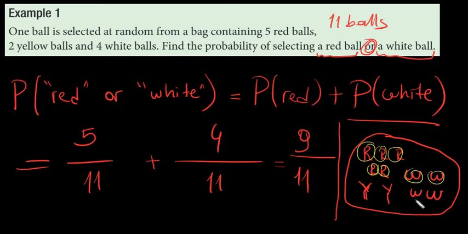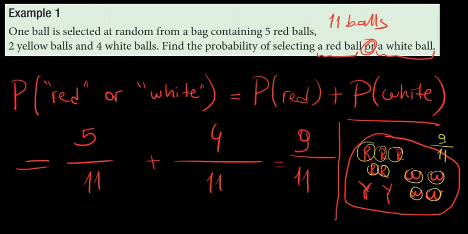What is my desired outcome? You can just count 1, 2, 3, 4, 5, 6, 7, 8, 9. I want to get a red or a white, so I just add them together: 9 over the total number of balls, 11. So this is the idea of mutually exclusive events.